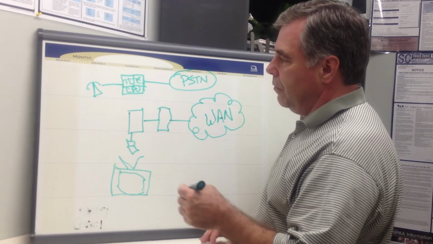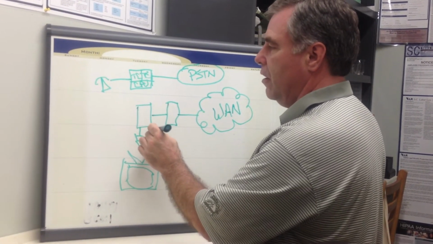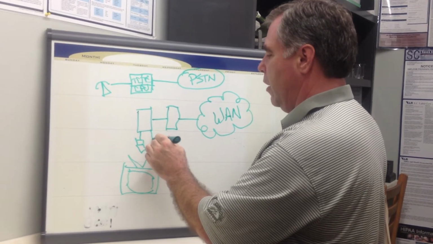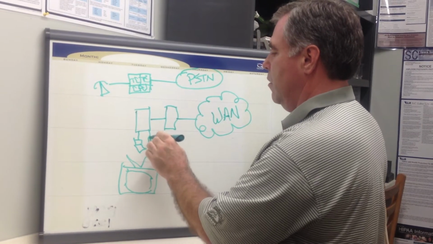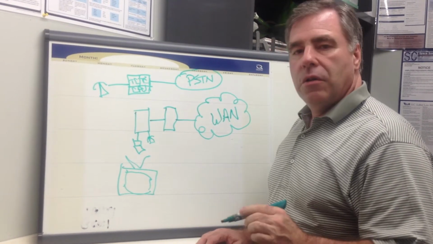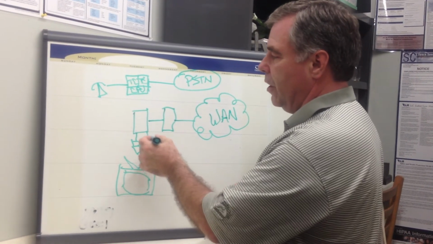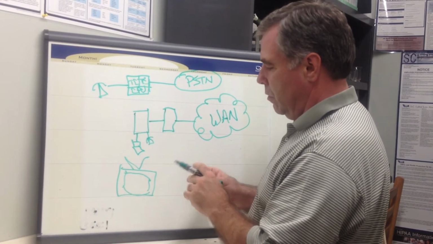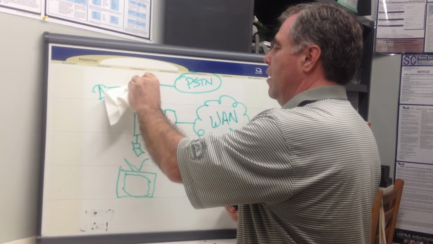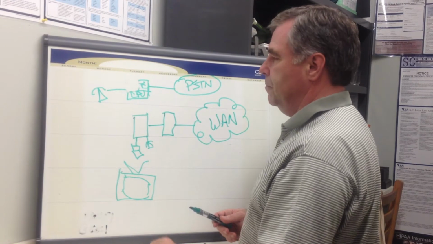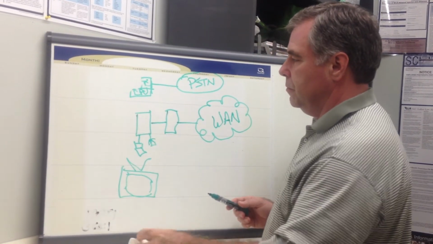And they figured out that, hey, why not have that telephone hang off the switch? We can figure out how to put it, all it requires is another card in the switch, so we don't need the line card or the telephone hanging off of it.